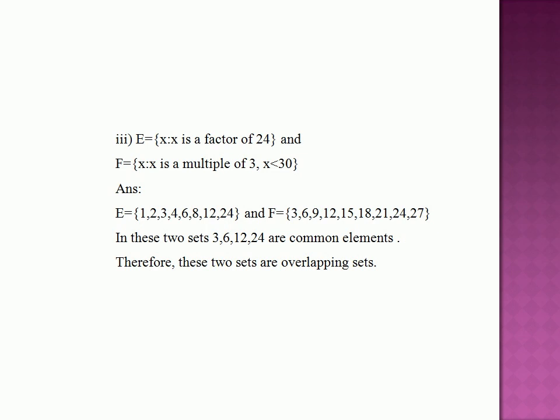And multiples of 3 which are less than 30 are 3, 6, 9, 12, 15, 18, 21, 24, 27. In these two sets 3, 6, 12, 24 are common elements. Therefore, these two sets are overlapping sets.